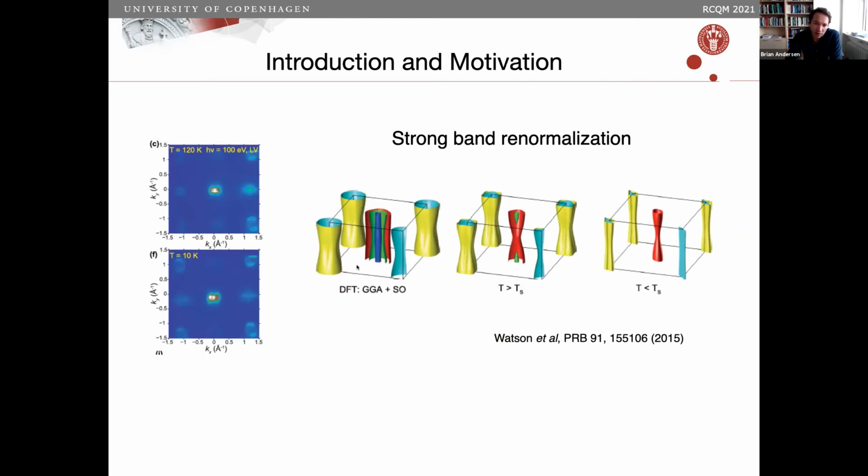What comes out of DFT? DFT is not just DFT, as Luca has just told us. There are many different versions of it, but the standard one in the literature gives way too large pockets, too large a number of pockets, and strong disagreement with what's measured in the actual low temperature nematic phase.